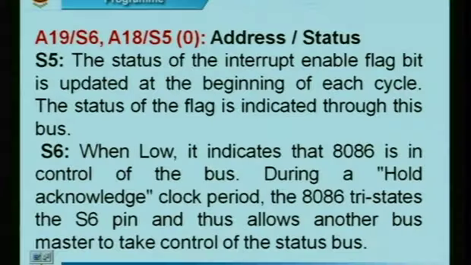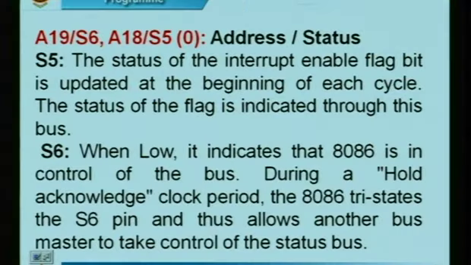The status of that particular flag is indicated through this pin S5. It is done during the remaining parts of the machine cycle. During the T1 state, we will have the address; in the remaining states, this pin will have the status of the interrupt flag.